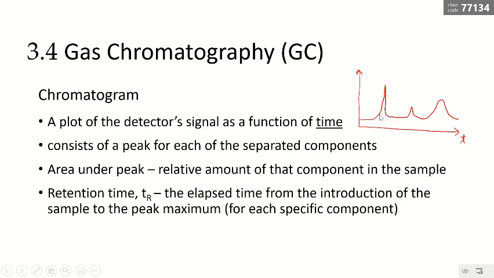What I draw here is three peaks. Each peak has some area. If we draw the baseline from here, the area can be calculated. I believe you learned from mathematics that you can do the integration. Nowadays we don't need to do manual integration. The machine will do it on our behalf, no worry.